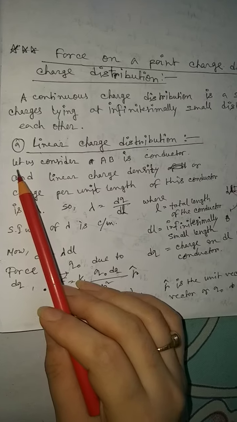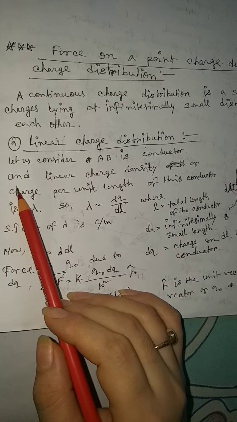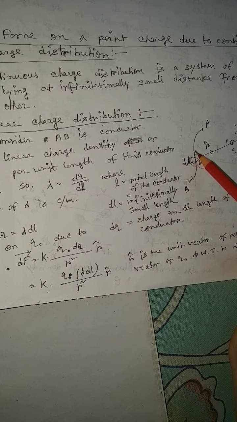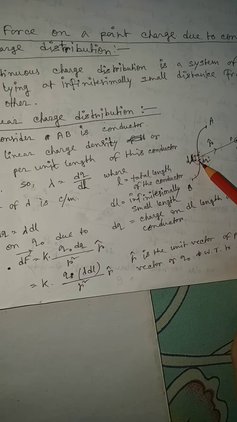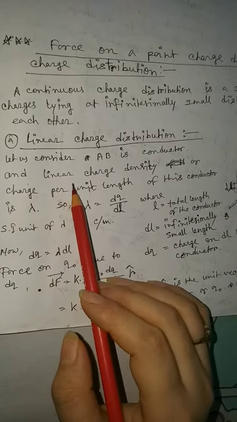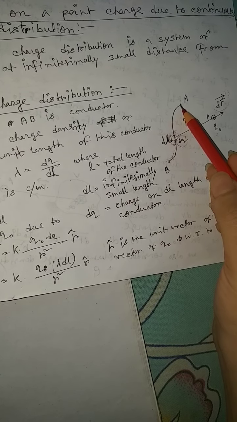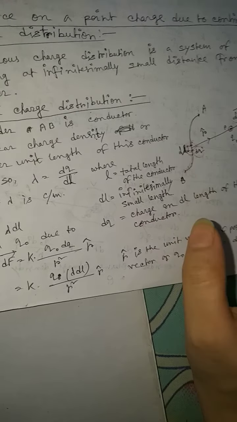So you can see here, let us consider AB is a conductor, and here we consider the charge distributed along length. Linear charge density of this conductor is suppose lambda.